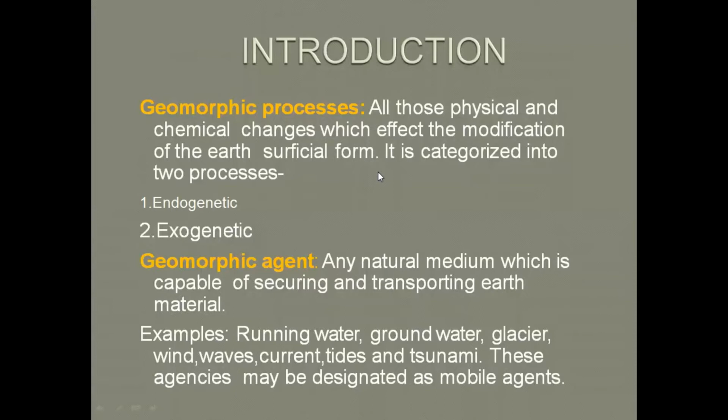As you know, endogenetic processes are mostly related to the internal heat and the processes that are operating from inside the earth, and exogenetic processes are those that are part of the earth surface, and mostly are affected by one of the geomorphic agents like groundwater, running water, glaciers, wind, waves, currents, tides, and tsunamis.